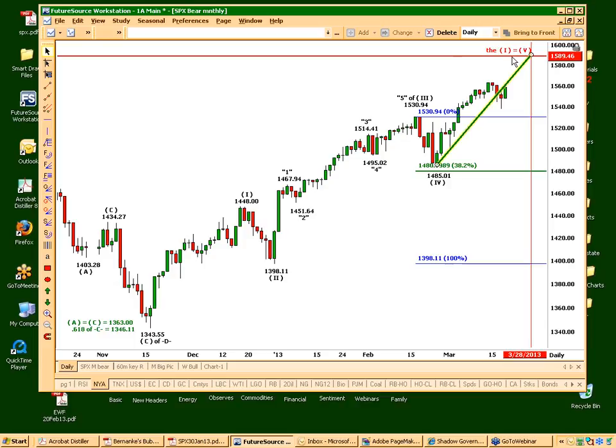Starting to see a pattern here. 1590 on the monthly, connecting the dots from the internet bubble peak and the 2007 peak. 1590 on the weekly chart, counting up off the lows of 2011. Now here we are, 1590 on the daily chart, counting up from the lows of late last year.